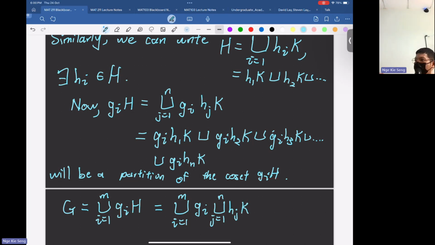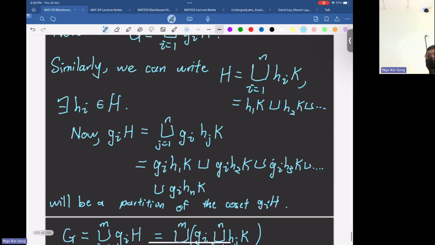Can you see that we have a product of cosets now? Each one has n of them, and I have m of these, so in total it is m times n. So for one of the GiH, I partition into n parts, but I have m of Gi. So each of these m of Gi has n of GiHjK. So m times n total.